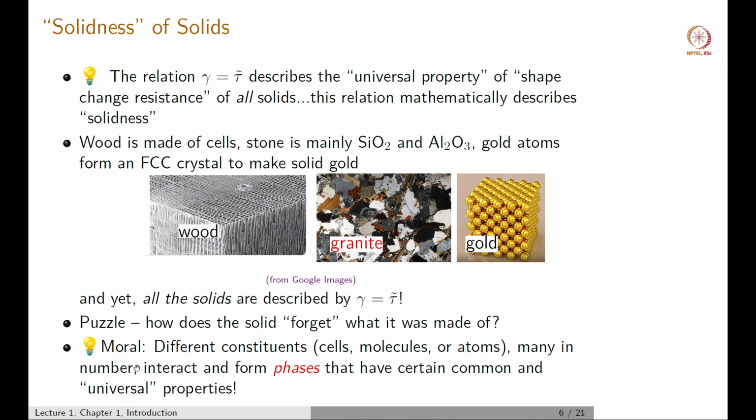So the key moral of our discussion here is that different constituents, be it cells, molecules or atoms, when there are many in number and start to interact with each other, form things which have a character unique to the phase that they form. And these phases have certain common universal properties, and this is our intuitive idea of what a phase means.